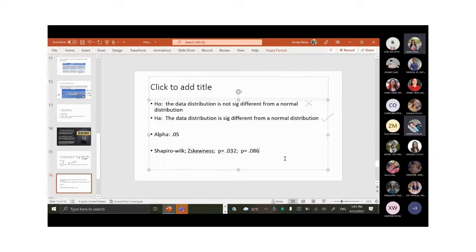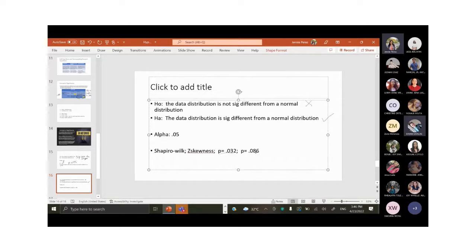Yes, our decision rule is the p-value should be equal to or less than the alpha level for us to reject the null hypothesis.